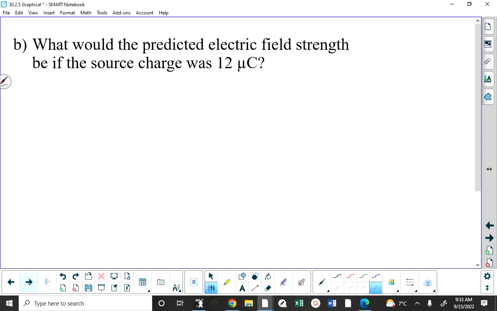What would the predicted electric field strength be if that were the source charge? So we have this formula, E equals kq over r squared.